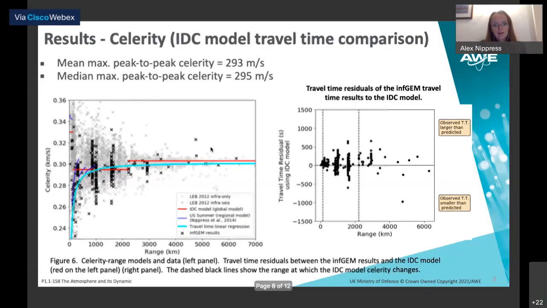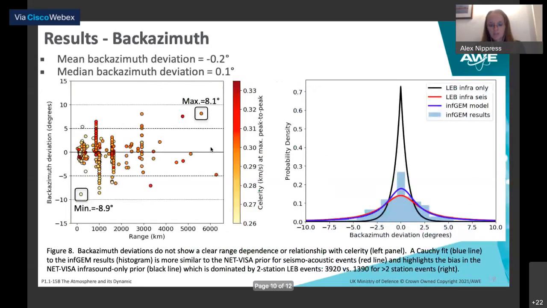If we look at the back azimuth deviation on the right-hand side, you'll see that for the LEB infrasound-only results, it's really peaked, with the black curve. The red is the seismoacoustic results. And when we take this ground truth analysis, as you can see, it's much closer to the back azimuth deviations for the seismoacoustic results.